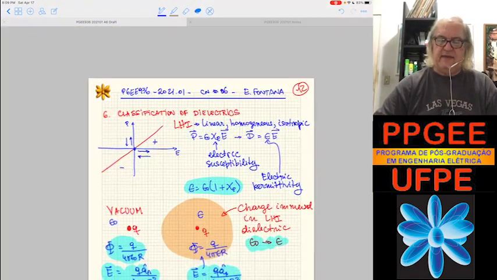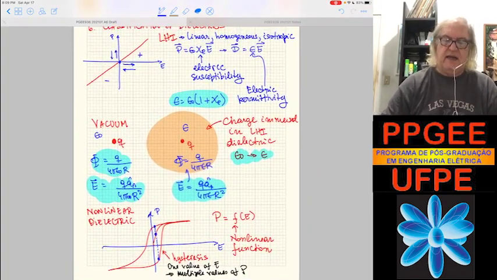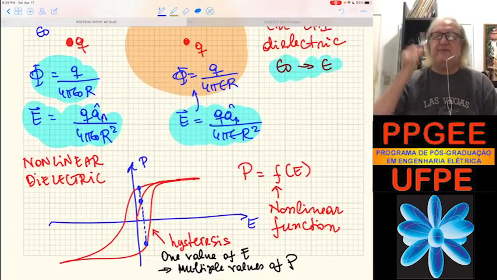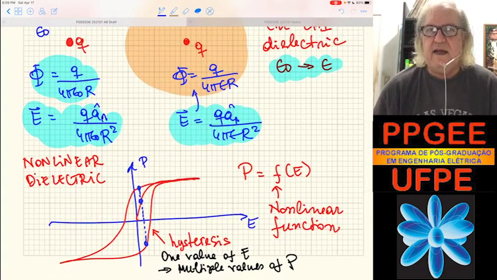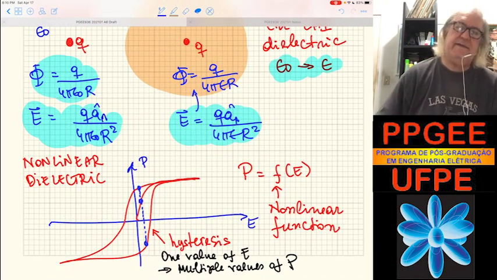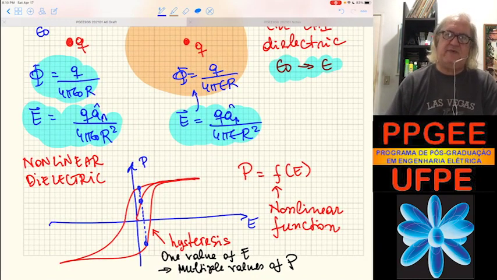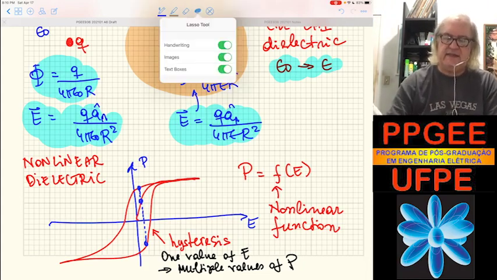We have also materials that are non-linear, those polarizable dielectrics we spoke about earlier today, ferroelectric materials. They have the phenomenon of hysteresis.